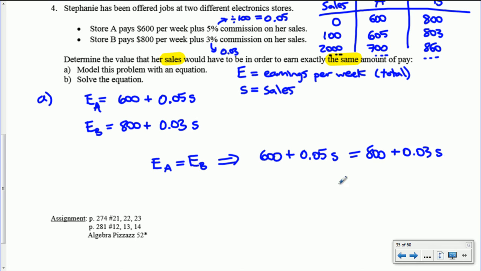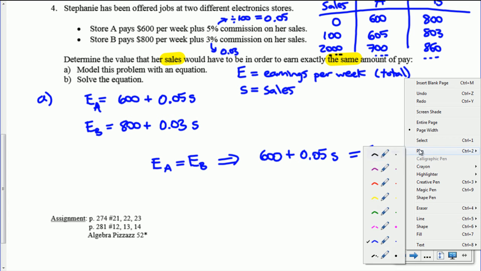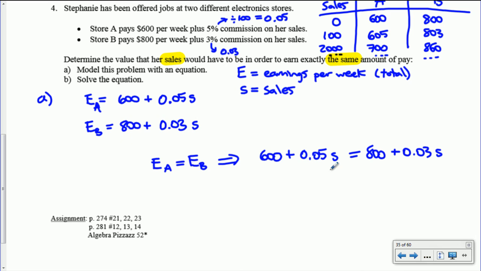And now we have an equation with one unknown, S. So we can solve this equation for S, and that would be the sales figure that you would earn the same amount at store A and B. So we need to make a decision. We can bring the letters to either the left or the right and bring the numbers to the other side, whatever we choose. I think I might try to bring all my letters to the left side.